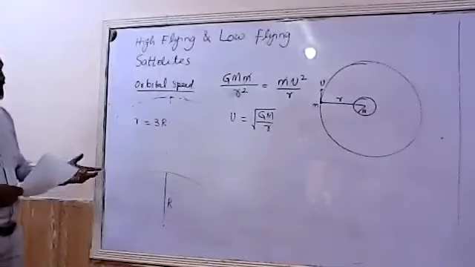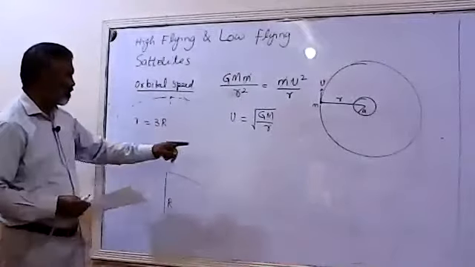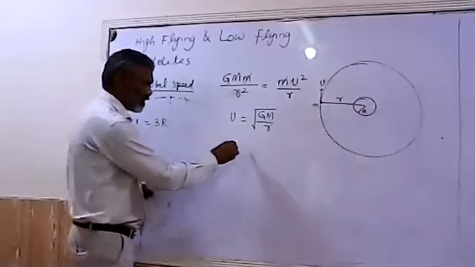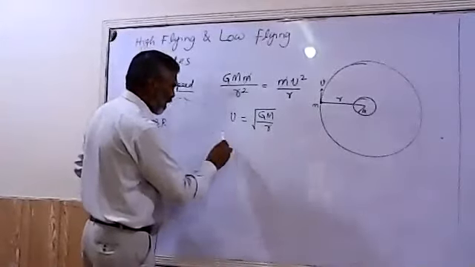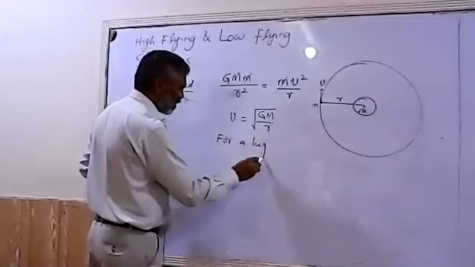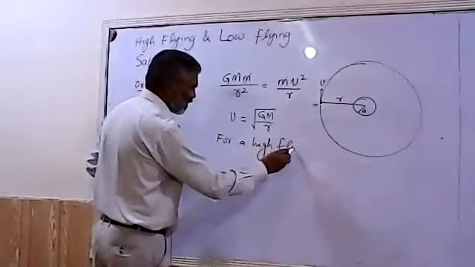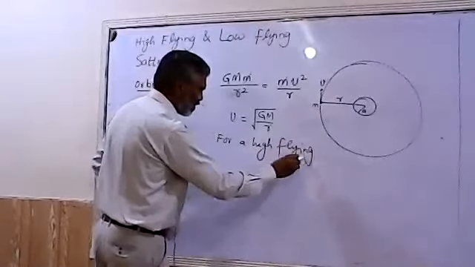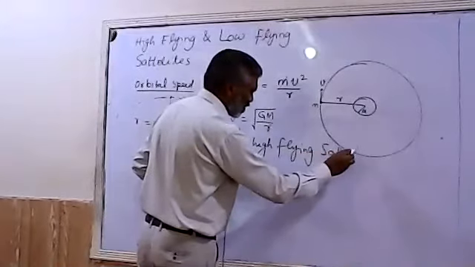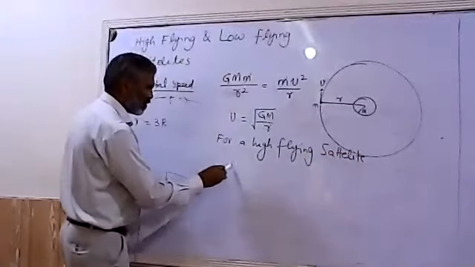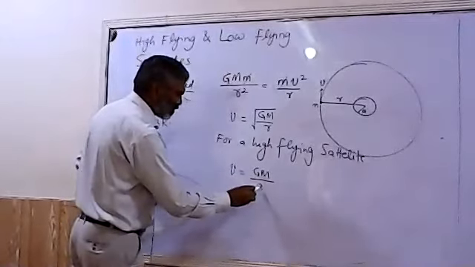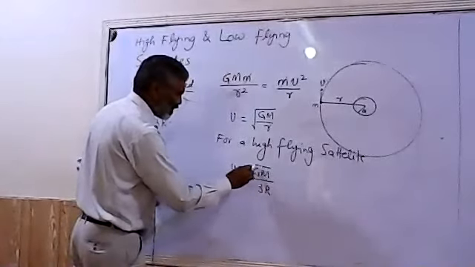So for a high flying satellite, if I replace this r with 3 times the radius of Earth, this expression will be, for a high flying satellite, v is the square root of GM over 3 times the radius of the Earth.